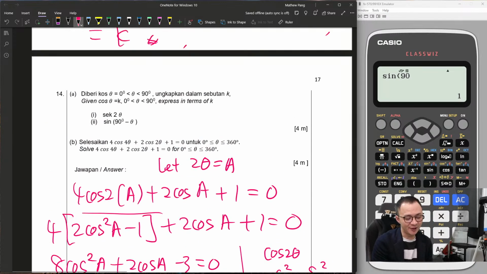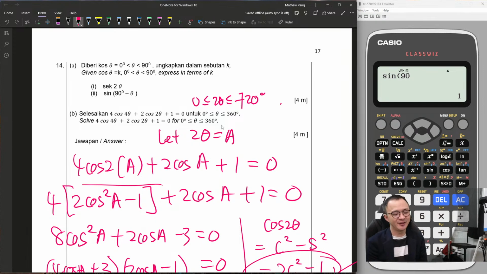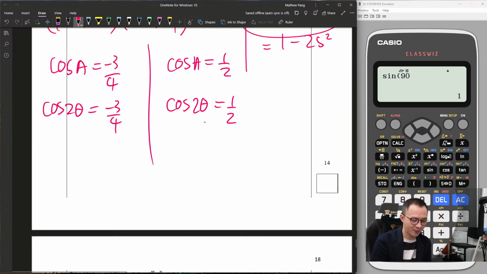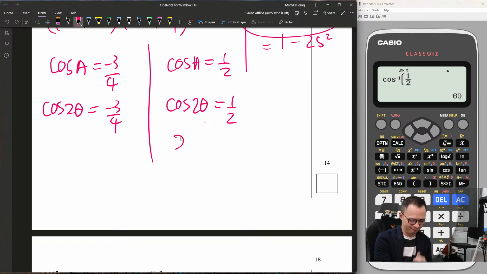Okay, here we have some trouble. This angle is for theta. This range is not designed for 2 theta. So we need to times 2 ourselves. So you 0 up to 720. So that's mean later I find the angle, I will just sort of rotate 2 round, make sure it's up to 720. Okay, cool. So shift cos 1 over 2 is 60 degree now, right? So 60.